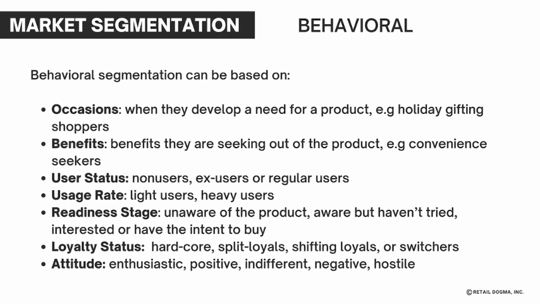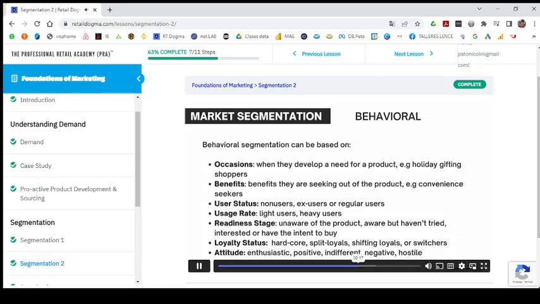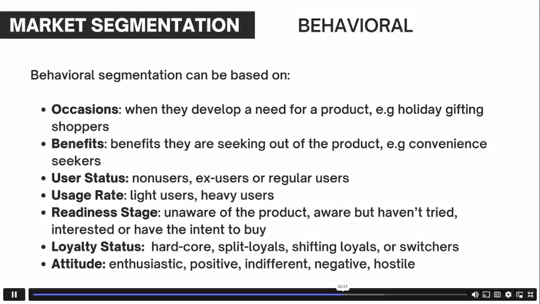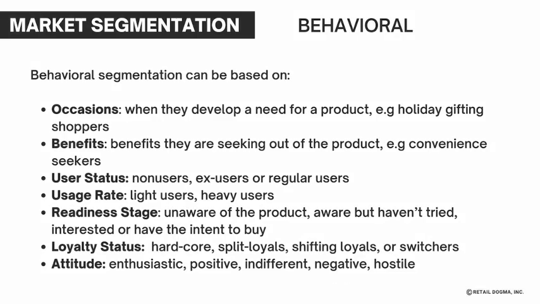Usage rate, light users or heavy users. Readiness stage, unaware of the product, aware but haven't tried the product, interested in the product, or have the intent to buy the product. Loyalty status, they could be hardcore, split loyals, shifting loyals, or switchers.